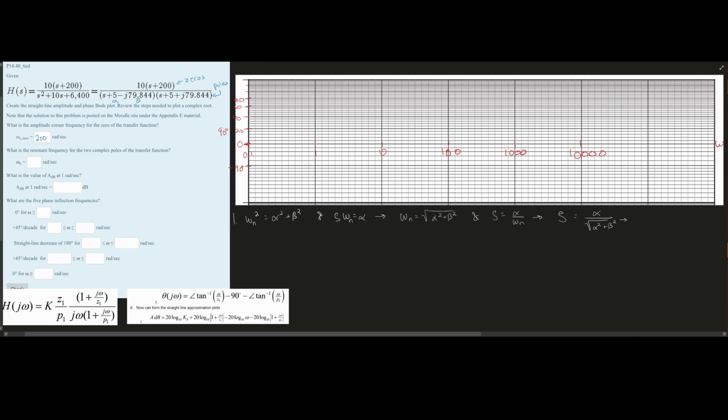Our value for alpha is 5, so we're going to have 5 there, 5 squared, plus our beta, which is 79.844, squared, all underneath this square root. This is equal to 0.625. And so that is this value.